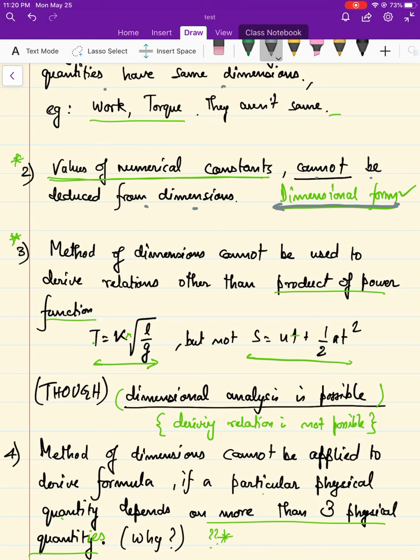Again, the method of dimensions cannot be used to derive a relation other than the product of power functions, and that's the third point. To simplify it, it means that if we have a physical quantity that depends on other physical quantities and the relation is a power or a product, or a combination of both, then it shall work. Other than that, if we have addition and subtraction, we cannot establish a relation between the unknown quantities.